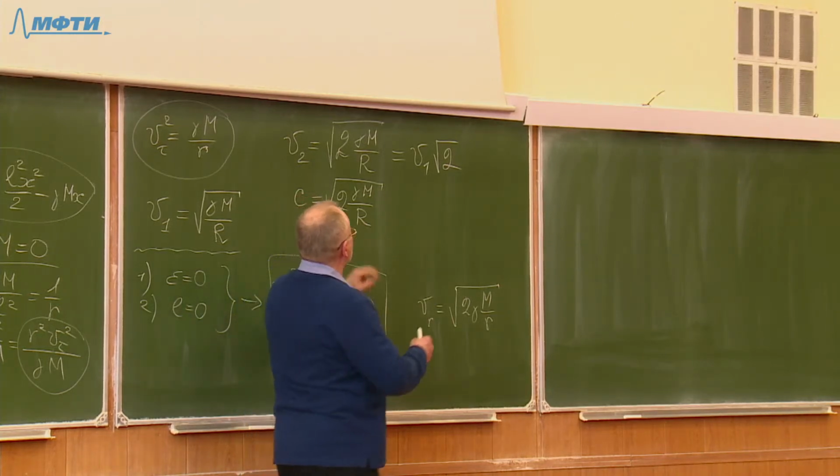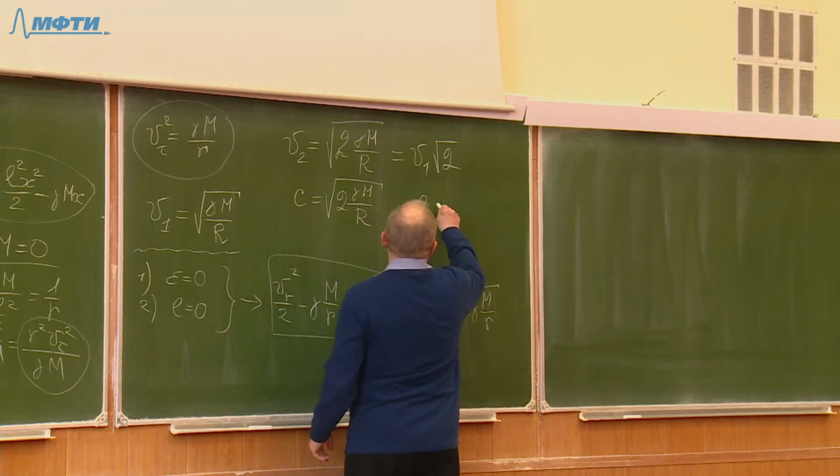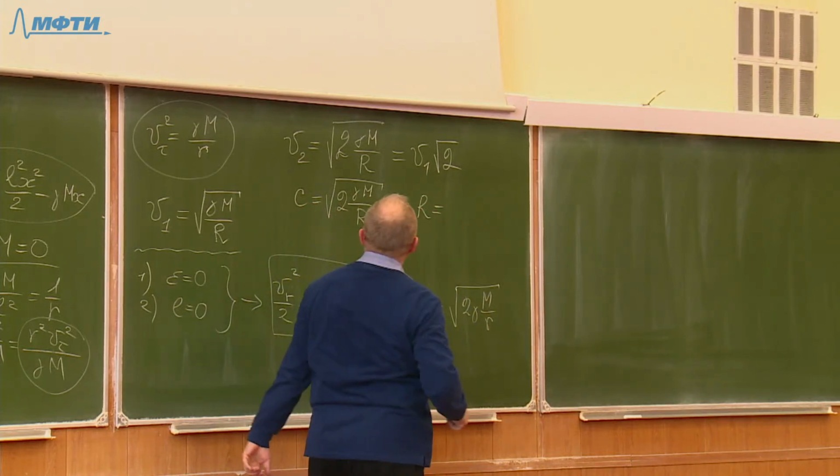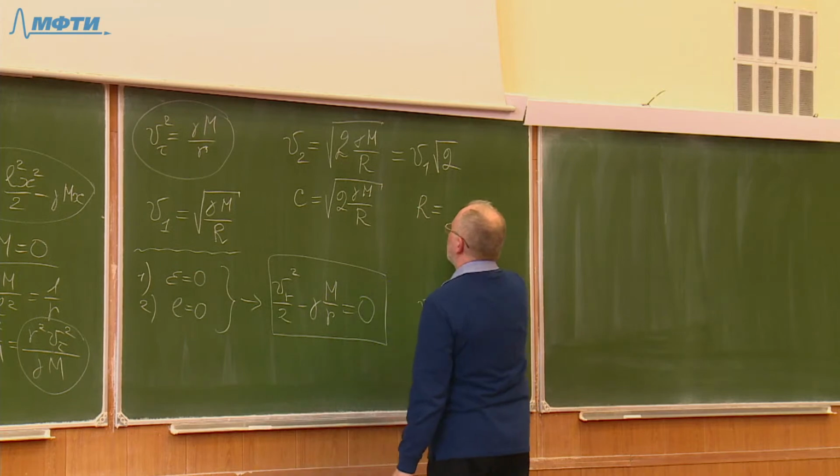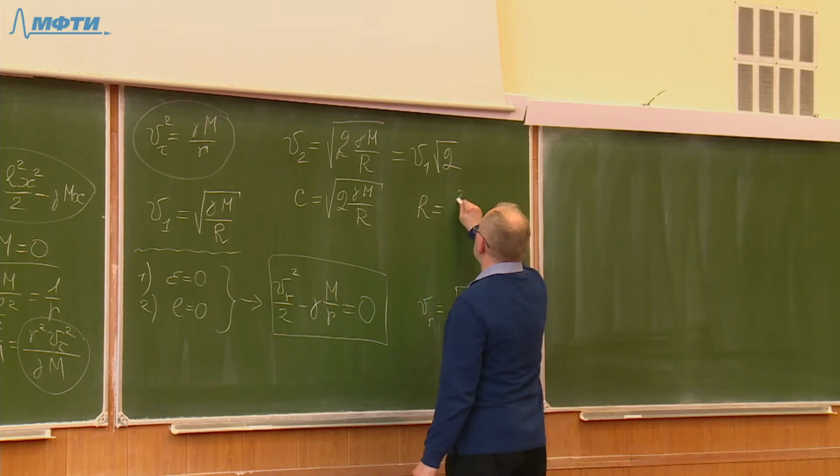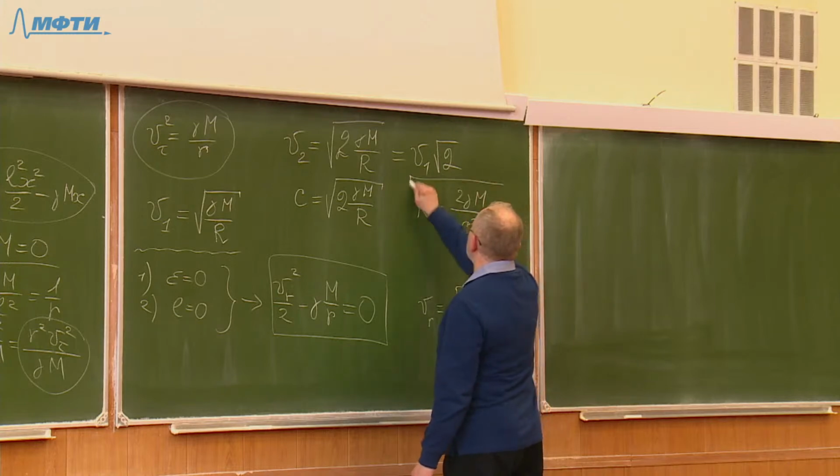And the radius of the black hole, from here, will be found as 2 gamma capital M divided by c squared.